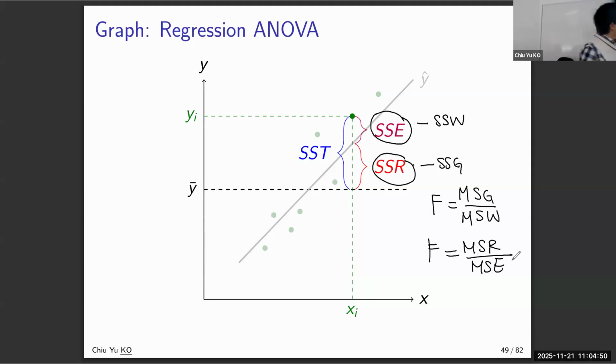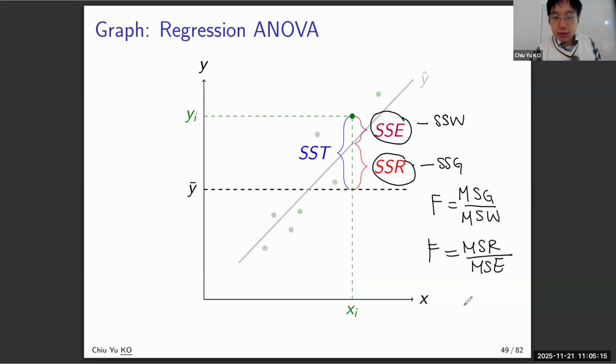The main idea is that MSE is always the good measure for sigma squared, then no problem. But MSR, if beta is not 0, you contain the effect of beta, right? You'll be bigger, right? Because it's affecting how you run the regression, right? So that means that it's again a right tail test. Okay.